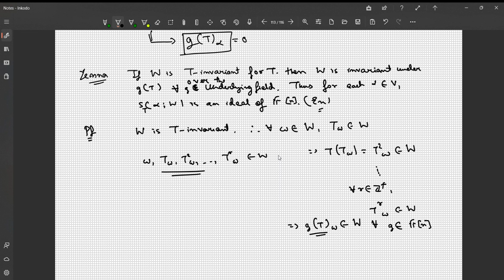Now you can check that this forms an ideal. I'm leaving that as an exercise. It is pretty obvious to check.